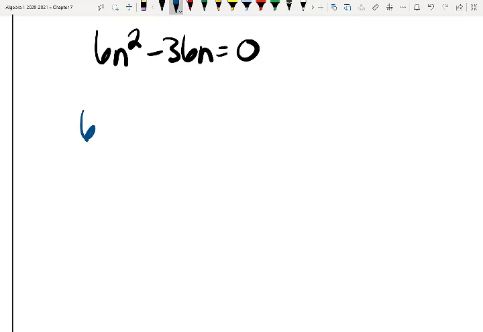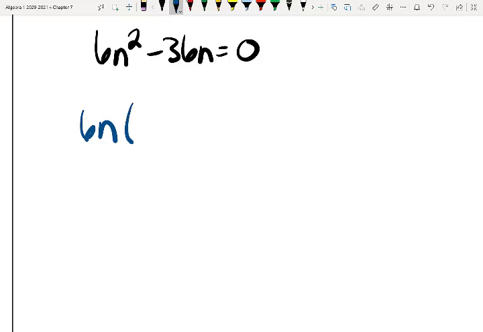For my variables, they have the n in common, but my second term only has a single n, so I can't take 2 of them. So 6n is the GCF.